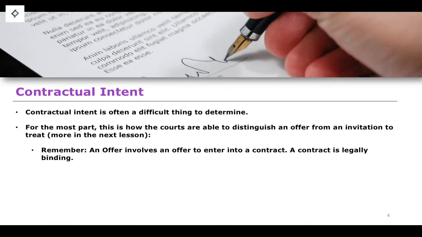So again, an offer in this context involves the offer to enter into a contract. It doesn't involve an offer to enter into negotiations, which could give rise to a contract.